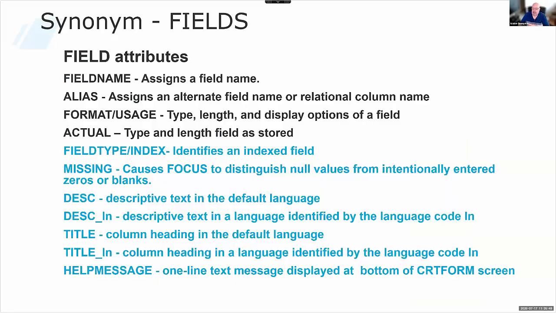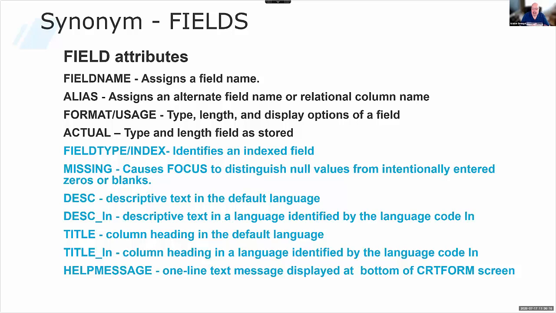All right, so at the field level, you have your typical needed information: field name, alias, and format and usage. Now, you may or may not have an actual. If you're describing a FOCUS data source, you will not have an actual, or you don't need one. The format and usage, the actual storage of the data, will all be determined for you for those files.